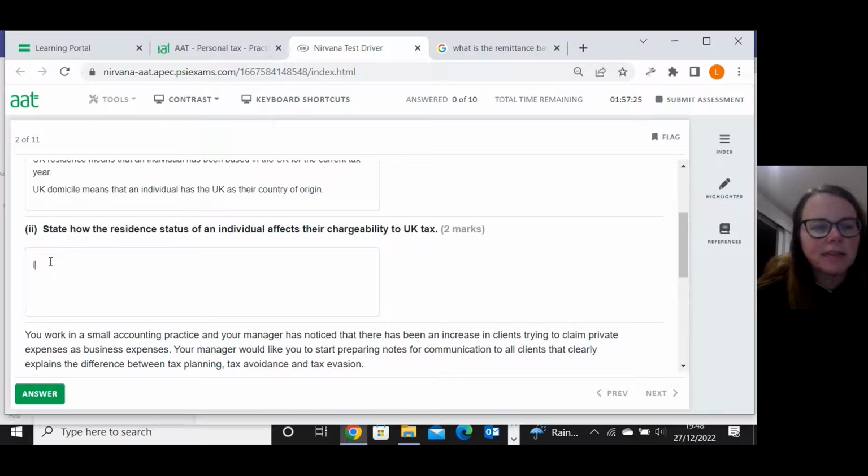So I think here we need to make it clear that if an individual is both UK resident and domiciled, then all of their worldwide income and gains will be chargeable to tax in the UK.